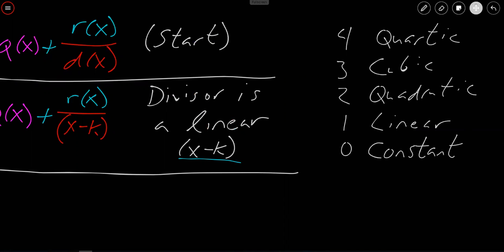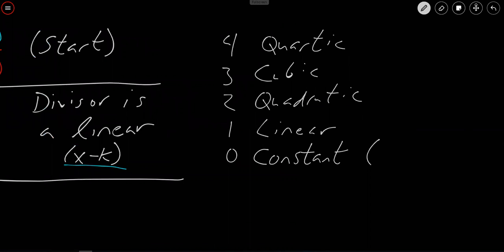And a constant is just another way of saying just a regular number. So any number is a constant, whether it's a whole number like 5 or 10 or whatever, negative number, a fraction, a decimal, an irrational number, any of those can be constants.